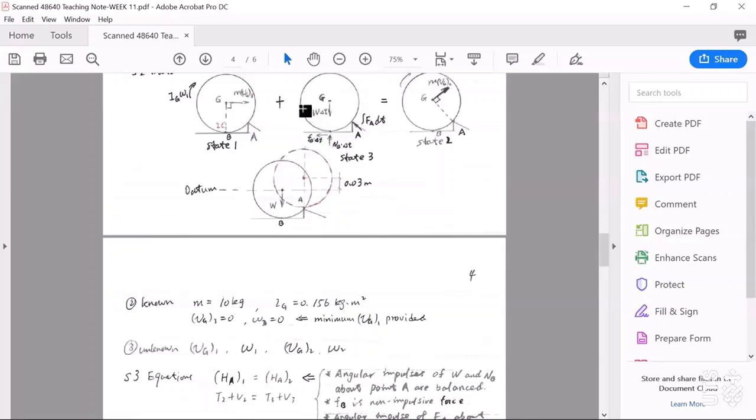So even if we consider the impulse generated by W and Mb, you can see these two impulses can be balanced to each other.